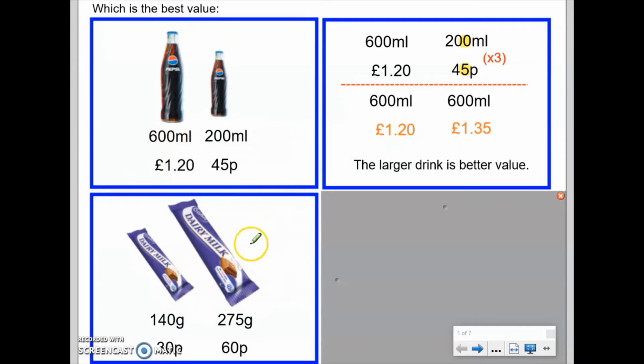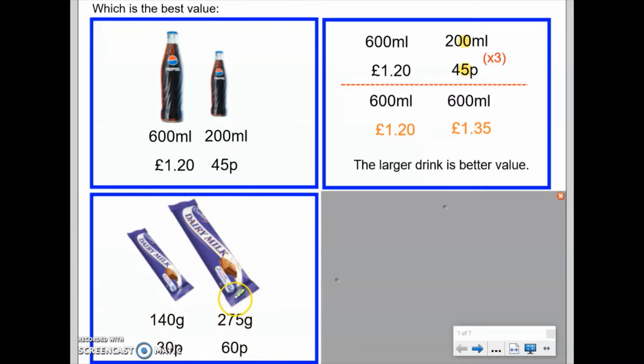If I look at the second question, we're going to do something quite similar. If I look at the weight of each chocolate bar, I've got 140 grams, and then I've got 275 grams. In order to multiply them up to get a common multiple, we'd end up dealing with a very large number. So what we could do this time is look at the prices.